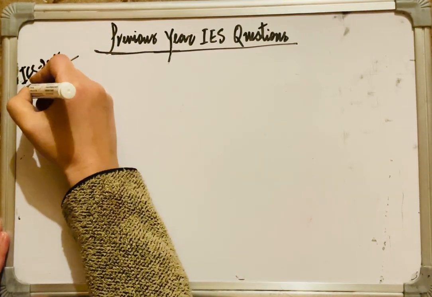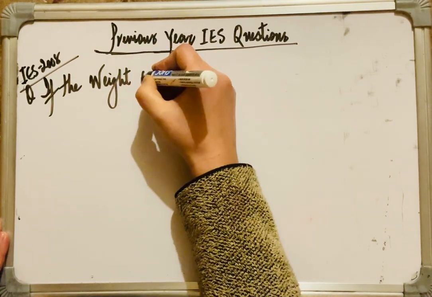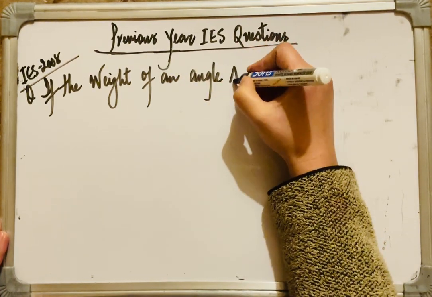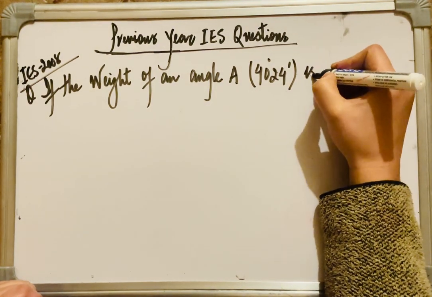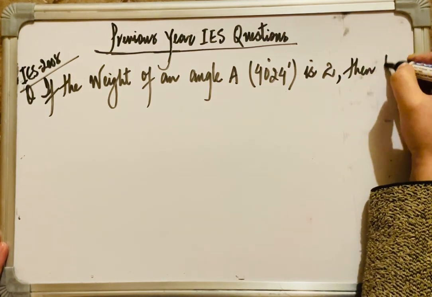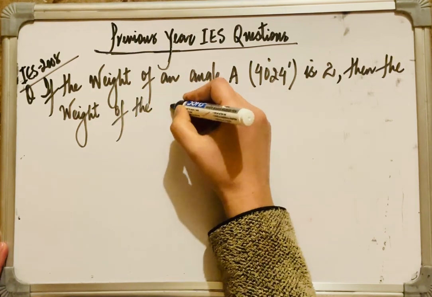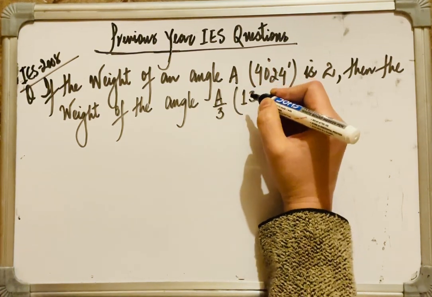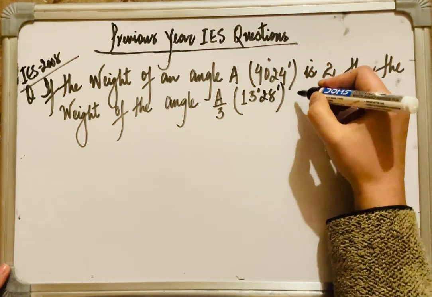And the question is, if the weight of an angle A, which is 40 degrees and 24 minutes, is 2, then the weight of the angle A by 3, that is 13 degrees and 28 minutes, will be.